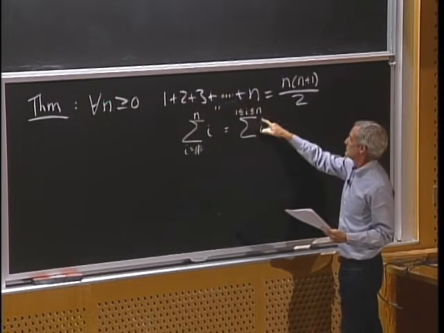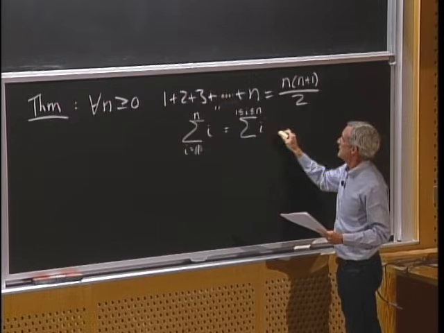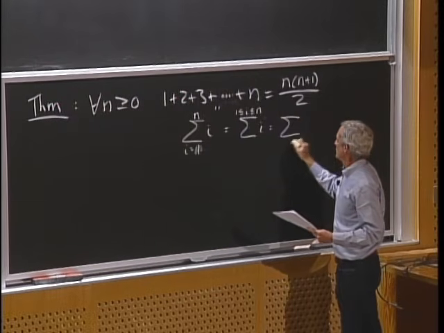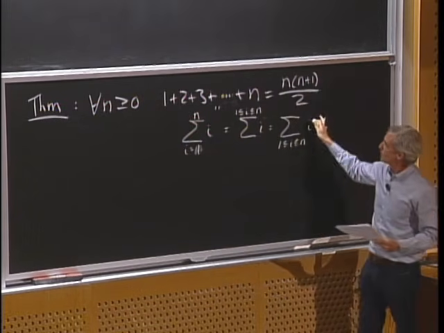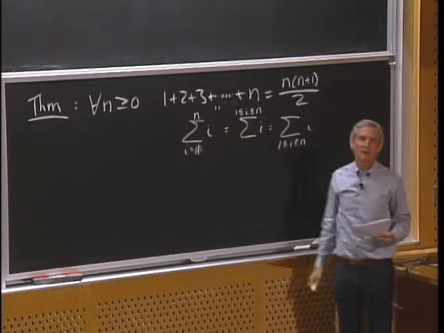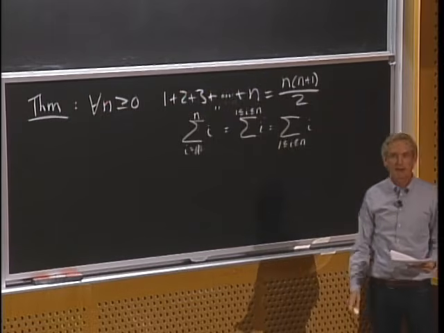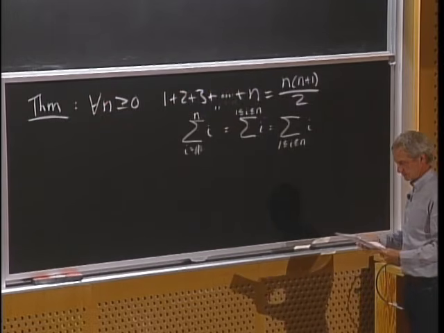So you could put summing i over the range from 1 to n, or you could write it on the bottom if you want. So these are 4 different ways of writing the same thing, the sum of the natural numbers from 1 to n. And we'll use them all during the term.